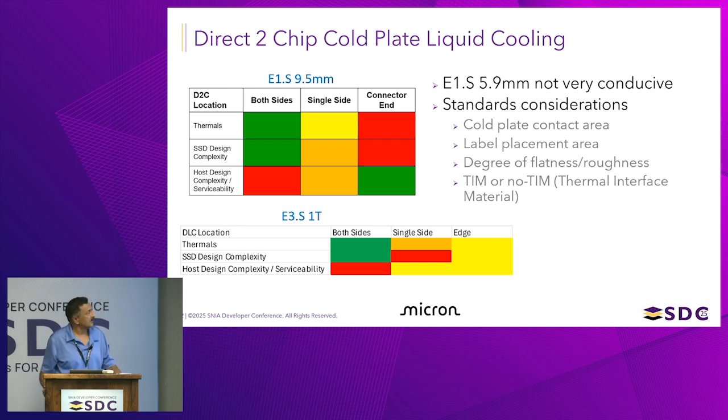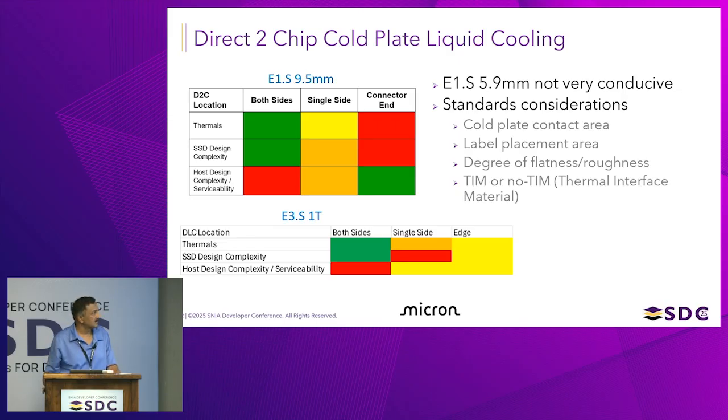But with the 9.5 millimeter, you'll see that you can consider having cold plates on both sides, cold plates on a single side, or cold plate on the connector end. And if you grade some of the performance capability, from a thermal standpoint, having cold plates on both sides is beneficial to the drive, as well as the SSD design, but it poses challenges for serviceability.